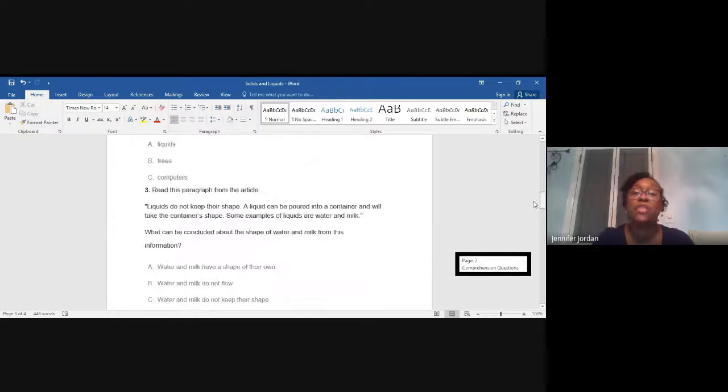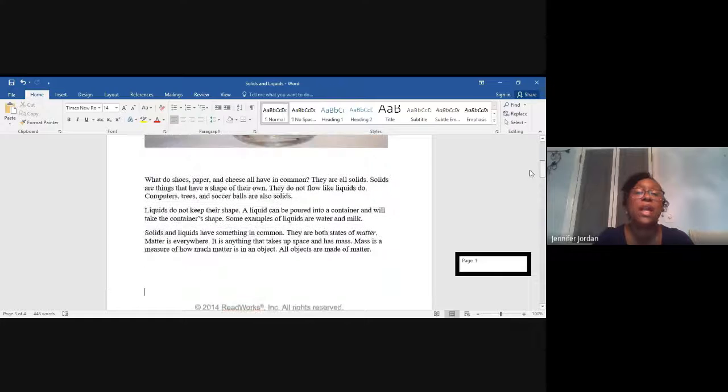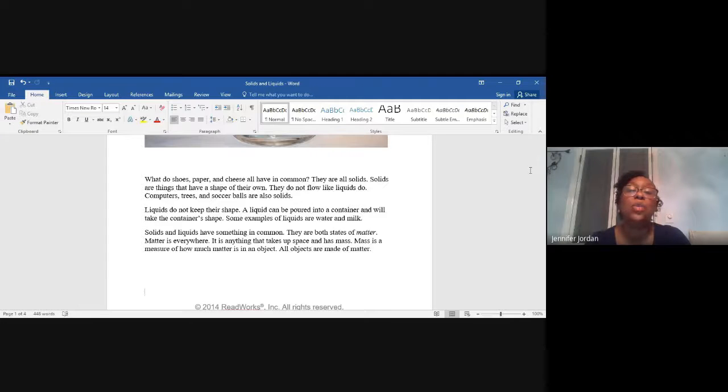Okay, we could go back to the very beginning. Let's do that. And let's find 2 details about solids. So what do we know about solids? Well, we know that solids are things that have a shape of their own. That's one detail. We also know they do not flow like liquids do. There you go. Those are 2 details that we found.